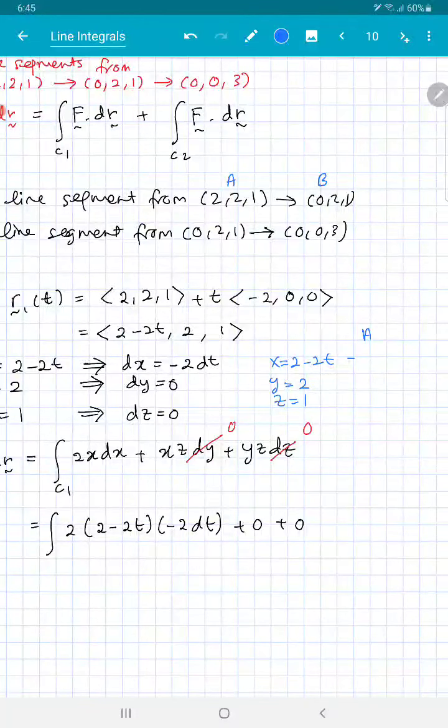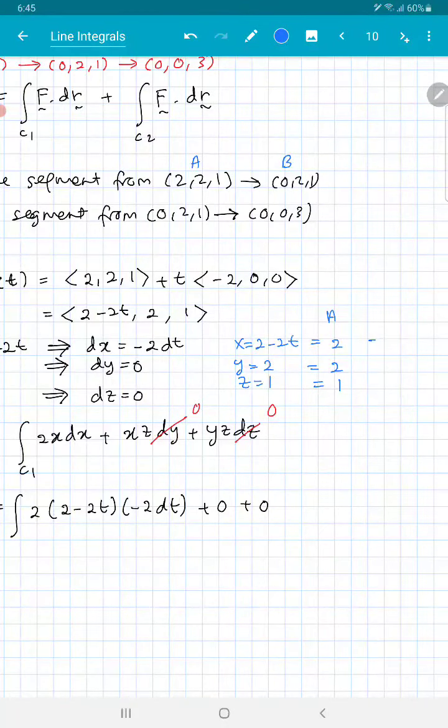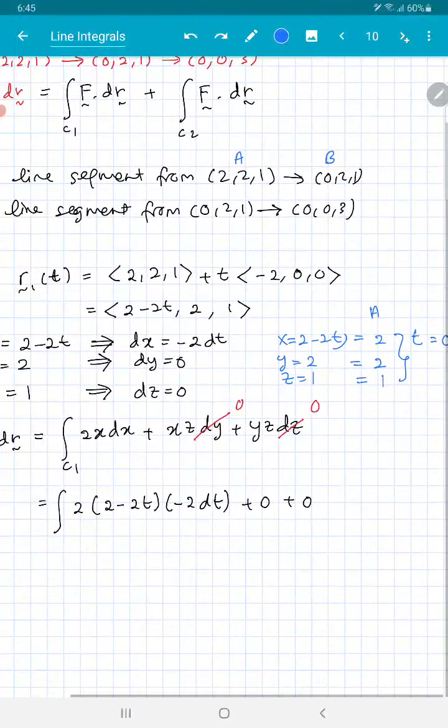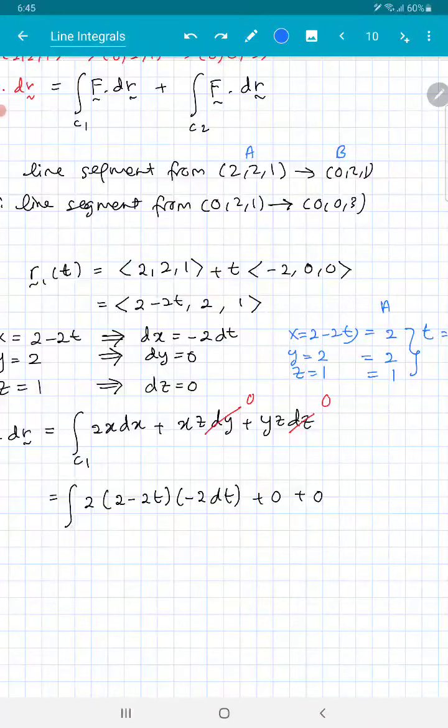The x coordinate is 2, the y is 2, and the z coordinate is 1 at point A. From here you can see that t is equal to 0, because when you replace t with 0, you get x is 2, and y and z do not depend on t, so y is always 2 and z is always 1. So the lower limit for t is 0.